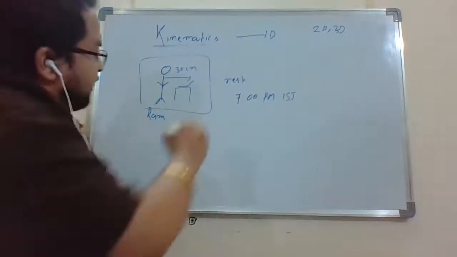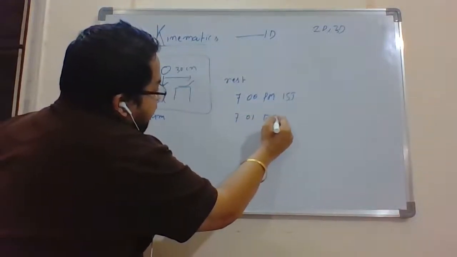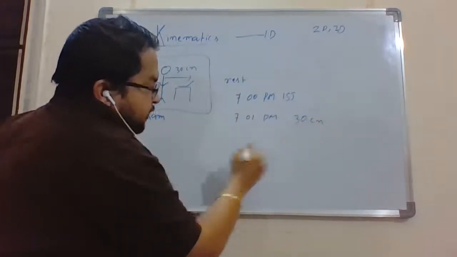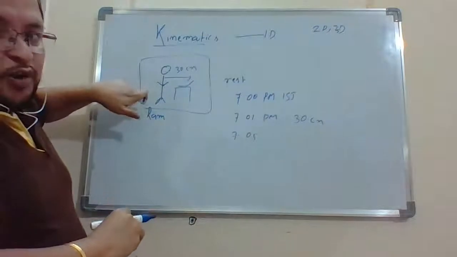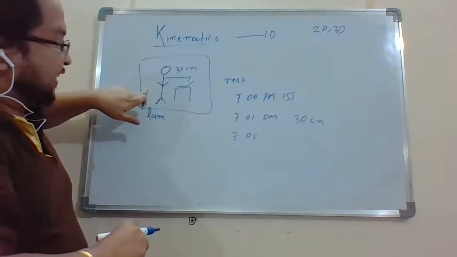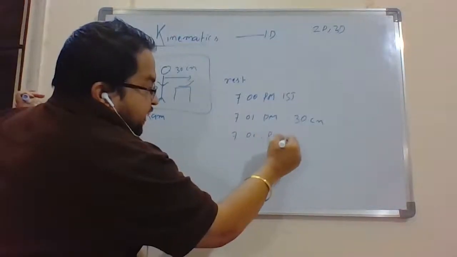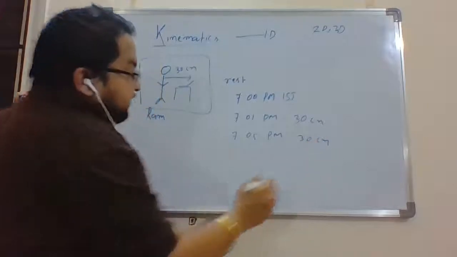At 7:01 p.m., after 1 minute, the distance would continue to be 30 centimeters. At 7:05, and I'm assuming that he has not gone for a loo break or anything else, right? And the laptop has also not moved, right? So as long as that continues, the distance does not change.